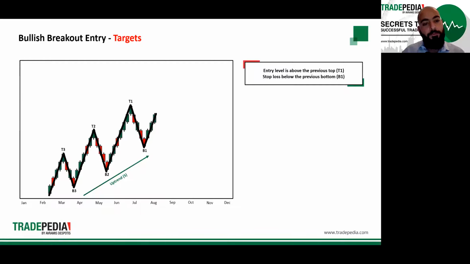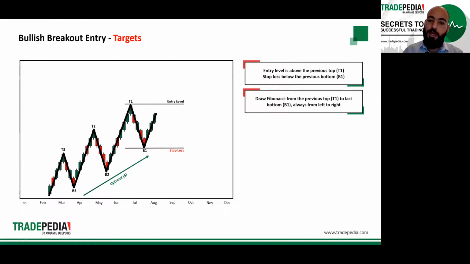I want to buy. Where is the best place to buy? Above the top. I wait for the prices to break through this resistance, and then I buy because I know that it's going to go and print a higher top. So we set our entry above the previous top, stop loss below the previous bottom.